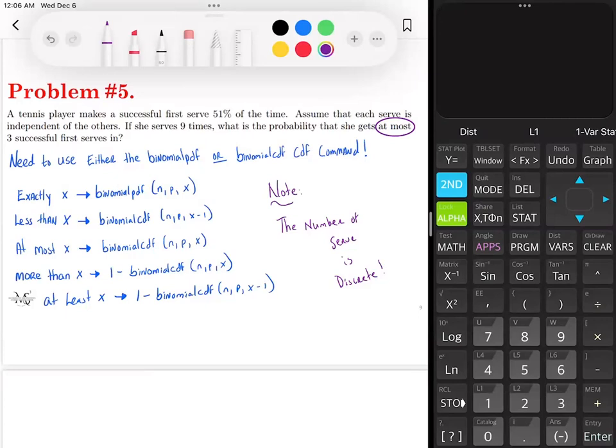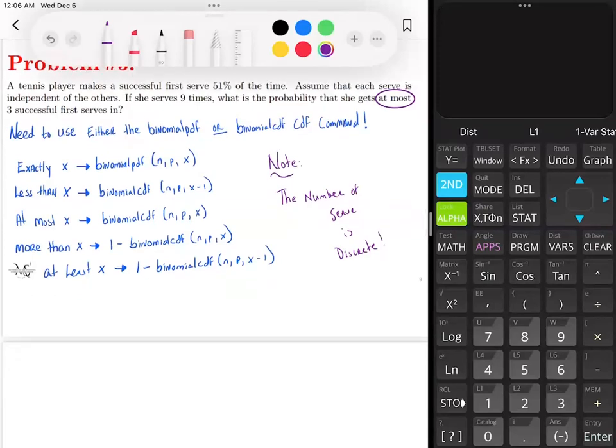At most means that I have to do the binomial CDF, which is basically stating the values of n, p, and x. N is the sample size, or the number of individuals or objects. P is your success rate, and X is the desired number of successes.